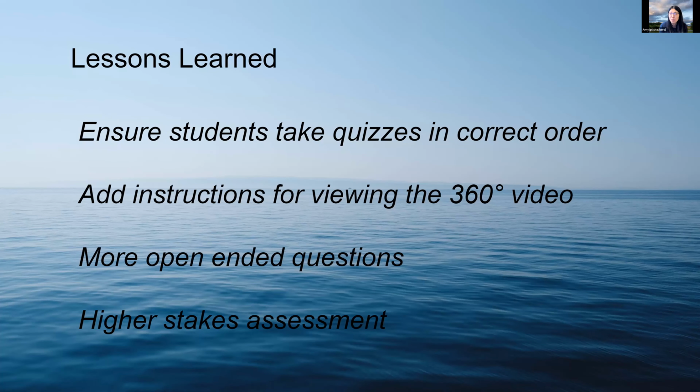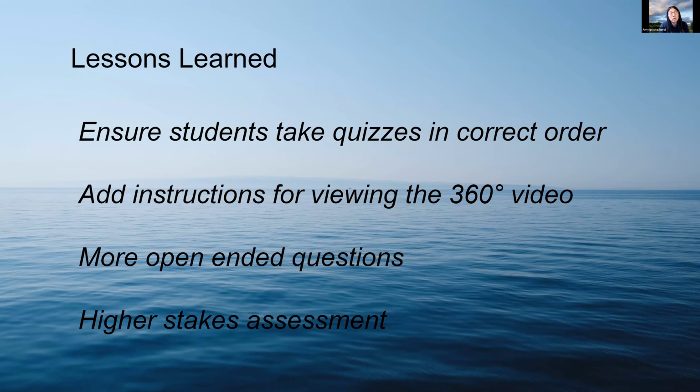So some things I learned from doing this engagement is to be able to ensure students take the quizzes in the correct order. One way I'm thinking of doing that is instead of having a Qualtrics link, put it directly in Canvas. I'm not quite sure, but I think Canvas has an ability that, okay, if they took this quiz, then they can move on to the next step.